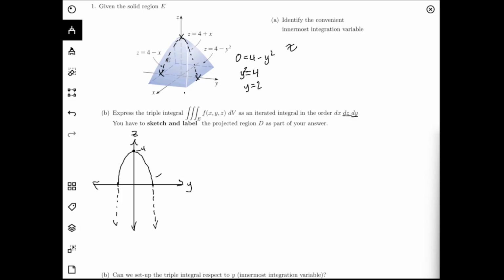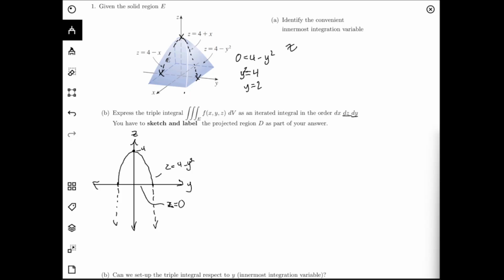The function of this parabola is just going to be this function right here, because this is a function relying on y and z. So z equals 4 minus y squared. That's my upper bound. My lower bound is just going to be z equals 0.